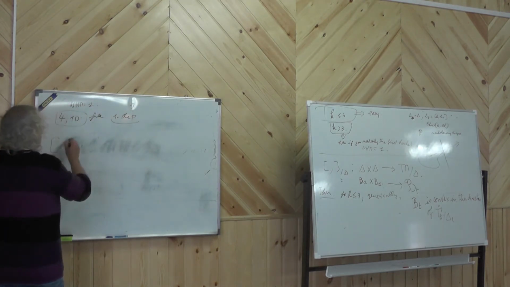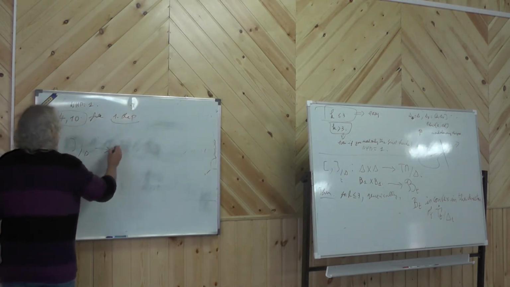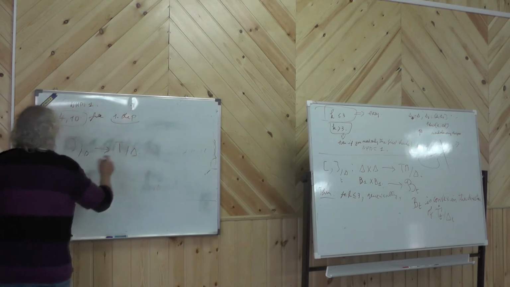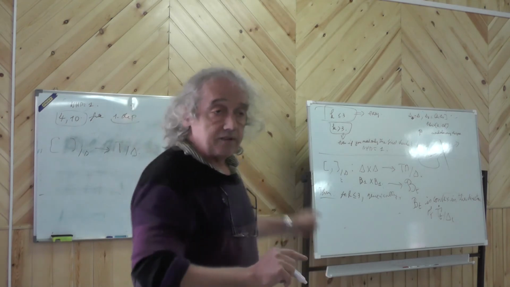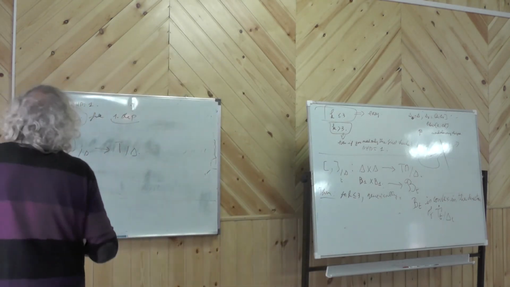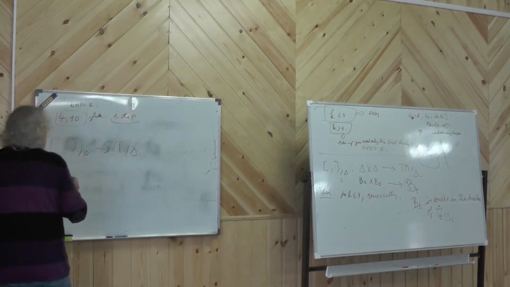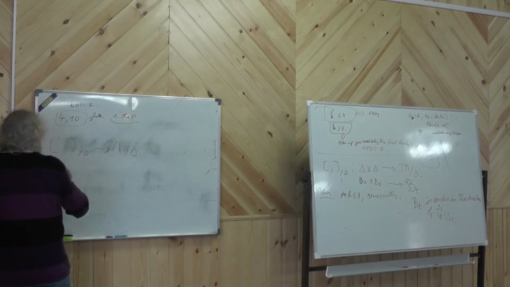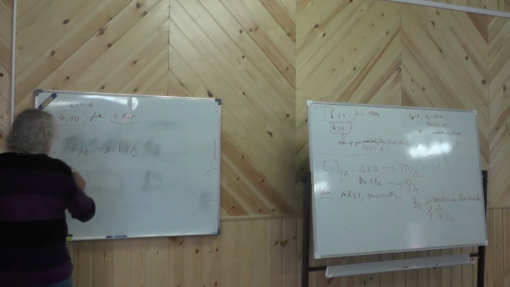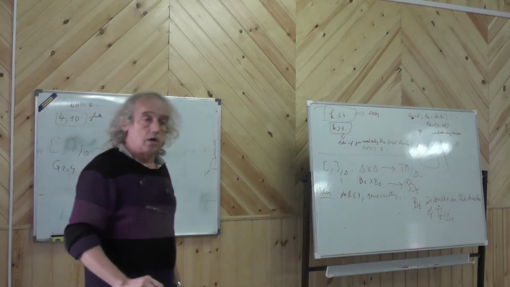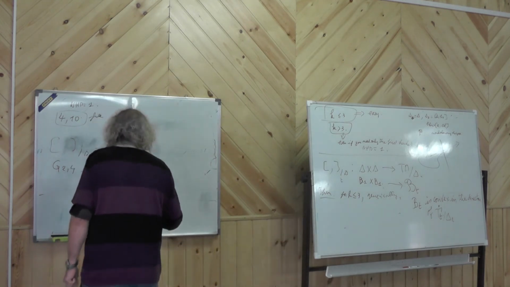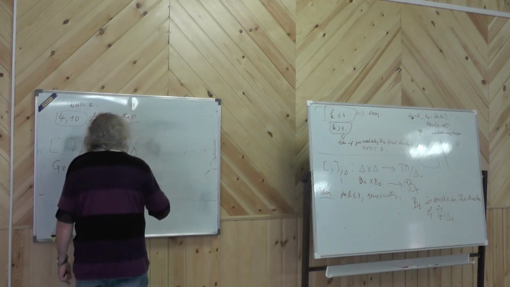This mapping, bracket over delta to T over delta, has a natural projectivization, and then if you projectivize, it is a mapping from the Grassmannian of two planes in R4 to the projectivization of R6.